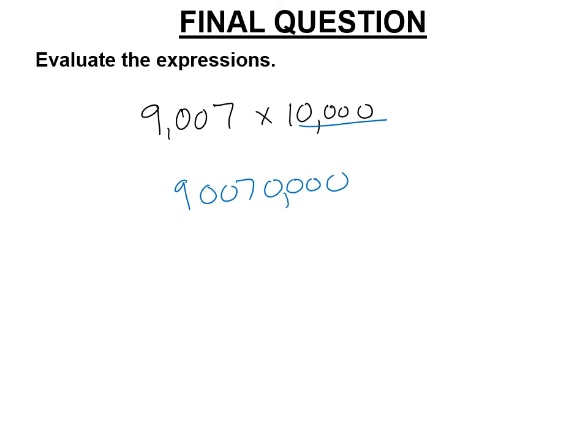Adding 4 zeros, and I'm putting the number. And how would you say that? 90,070,000. Good luck on your homework.